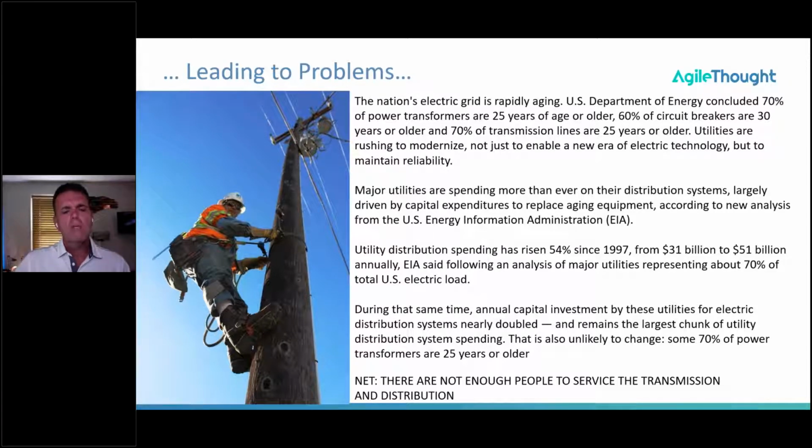And even if there were enough of us, the risk it poses to human beings is really high. The net result is this model of using human beings to scale our servicing of a vital infrastructure component just isn't working, right?